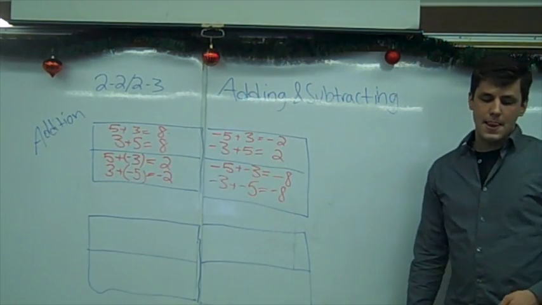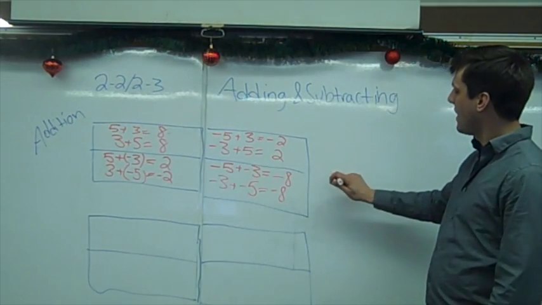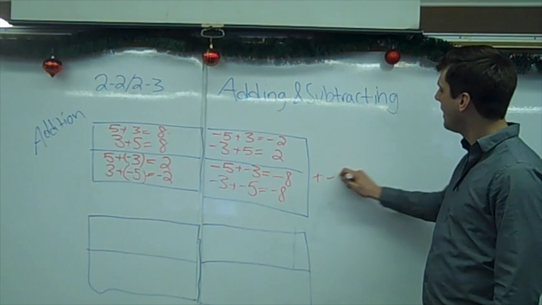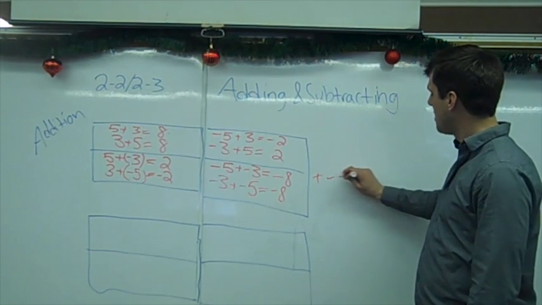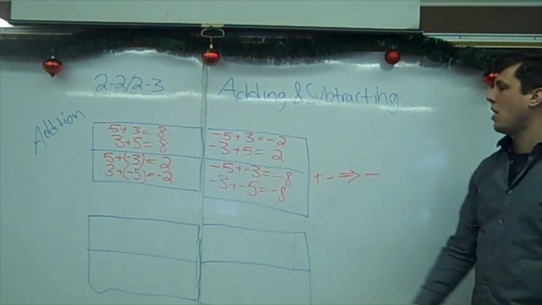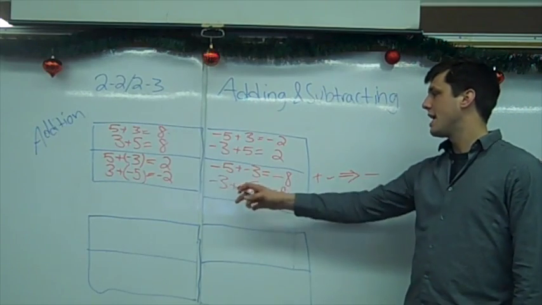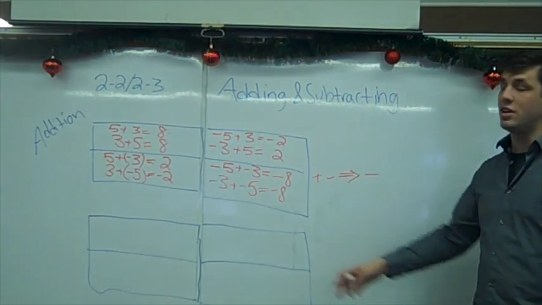And again, like this one over here, you may want to note that adding a negative is the same thing as just subtracting. So if you wanted to change these problems to negative 5 minus 3, or negative 3 minus 5, you could. You'd get the same answer.